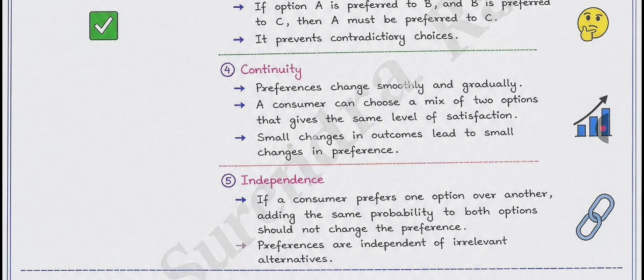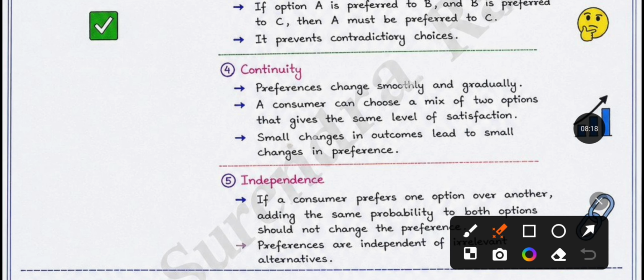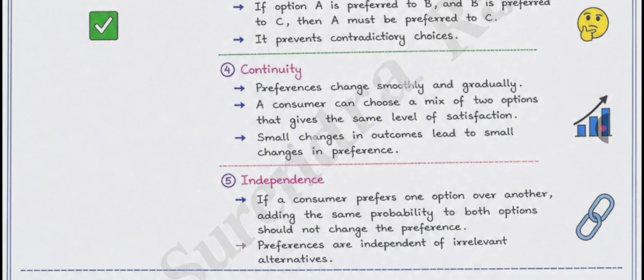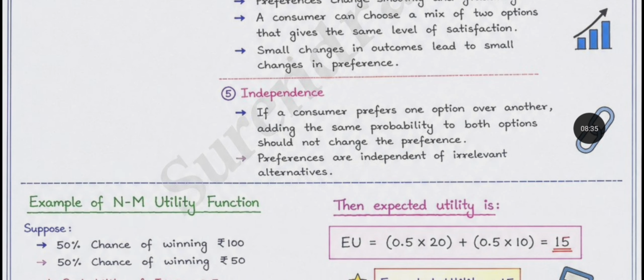Another one is continuity. Continuity means preferences change smoothly. There are no sudden jumps in consumer choices. That is called continuity. And the last one is independence.